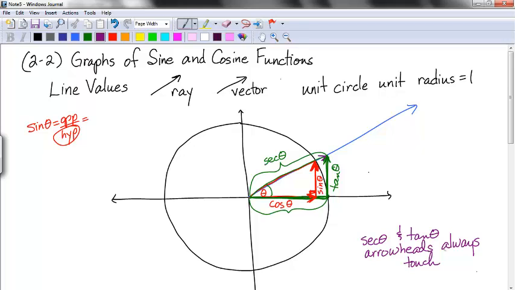The secant and tangent arrowheads will always touch. Now up here where the circle crosses the y-axis, go parallel to the x-axis and extend it out to meet that terminal vector. Try to make these two parallel.